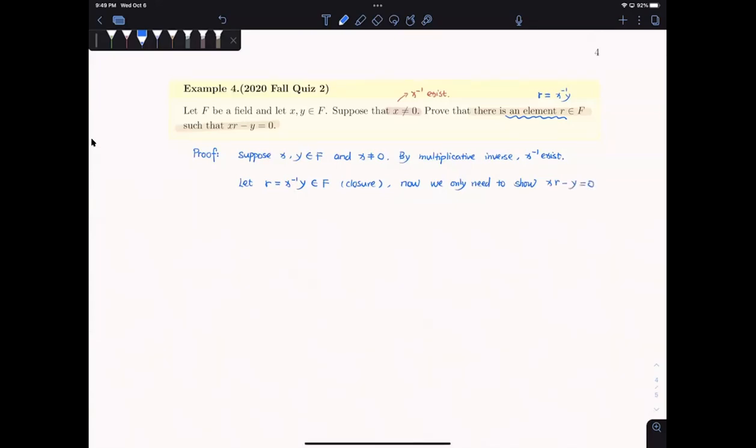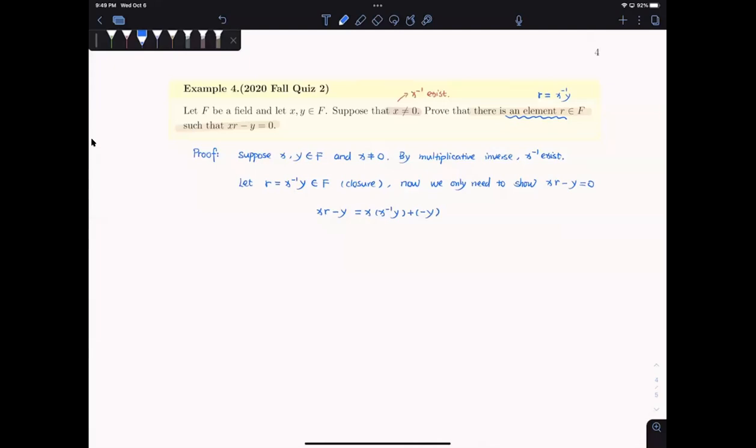So let's start with the left hand side. XR minus Y is basically, well, let's just write it as this, equals X, R is X inverse Y, and then plus negative Y. So that's our first step. You sub it in.